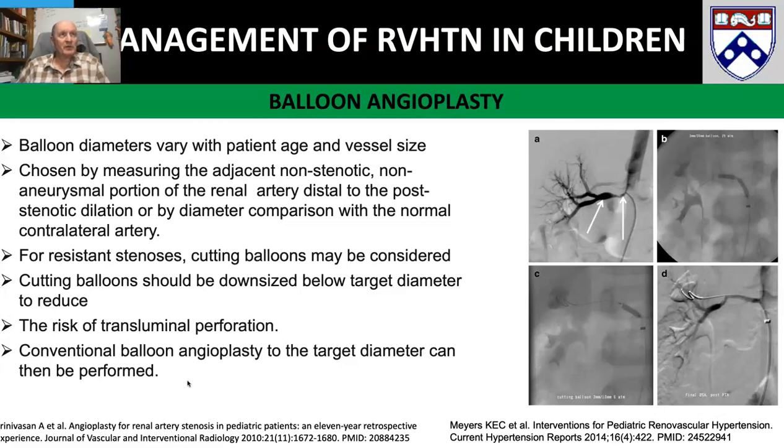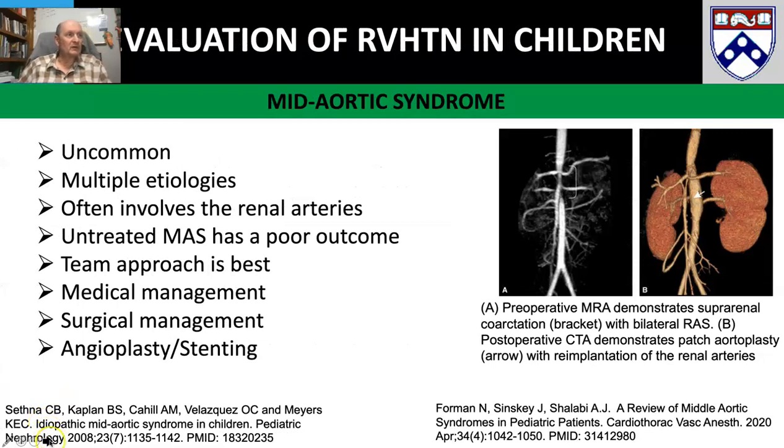It's chosen by measuring the adjacent non-stenotic region, and for resistant stenosis, as I've said, we've used this cutting balloon. The balloon is downsized, and then after that a conventional balloon is used. There is a risk of transluminal perforation, for which direct pressure can be applied by a balloon, or a covered stent can be placed. And this would be one of the few times in which we would actually use a stent.